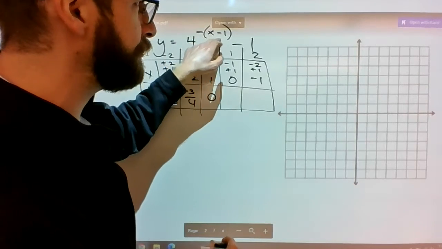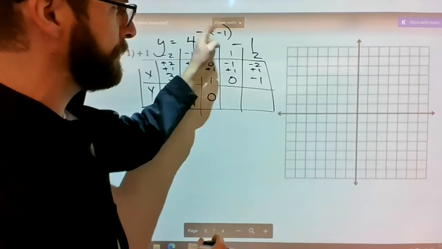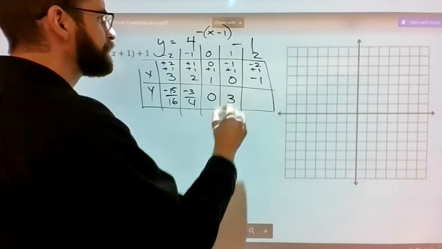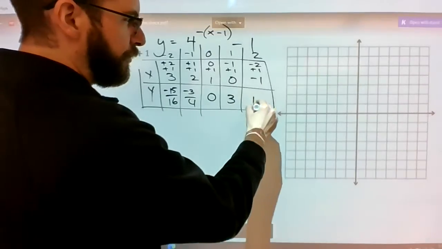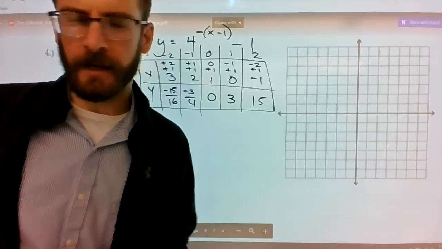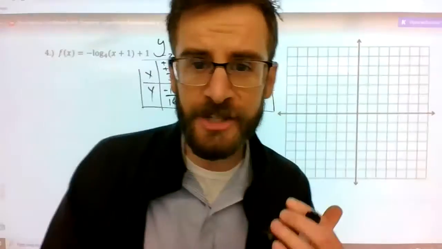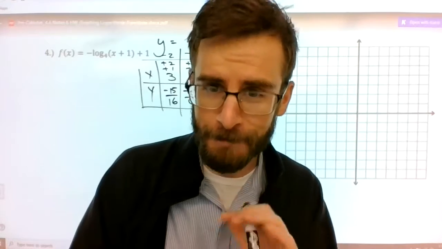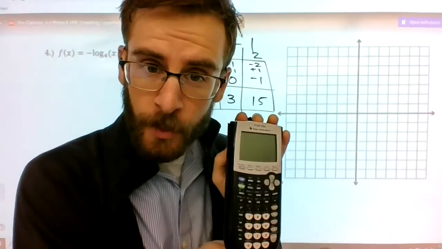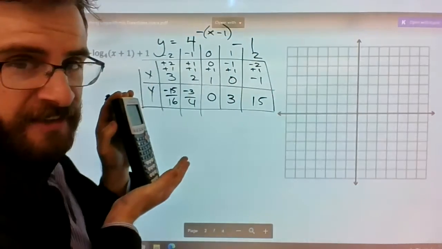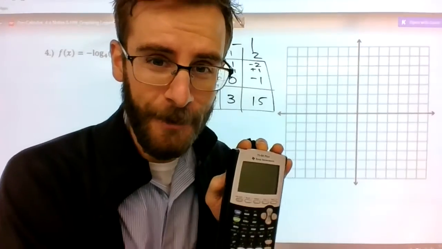The negative of negative 1 is 1. 4 to the 1 minus 1 is 3. And then when you plug in negative 1, you start to get really big numbers there. Sorry, I went through that super fast. My apologies. If you have a calculator with a table, you can plug this into the table and go to town, okay?